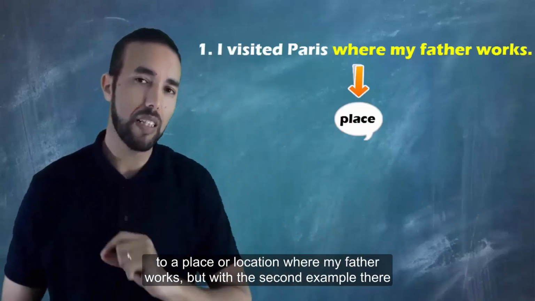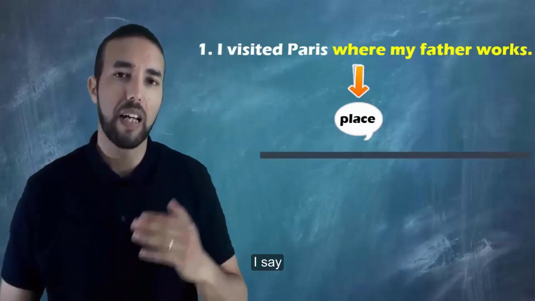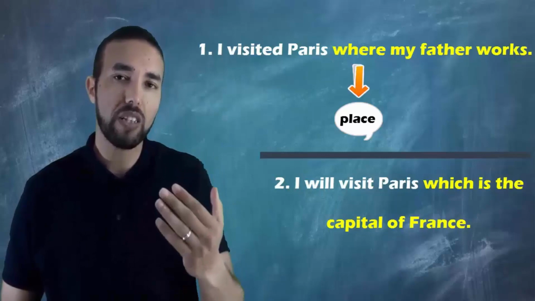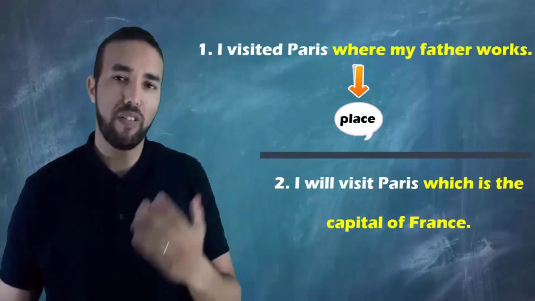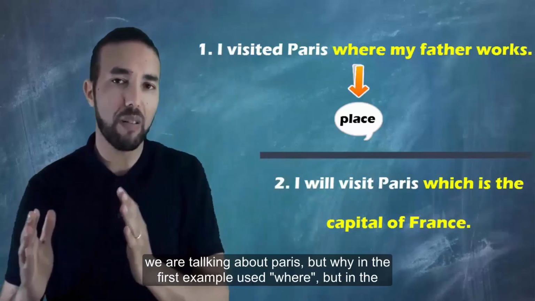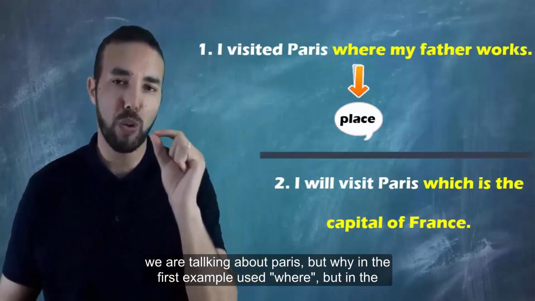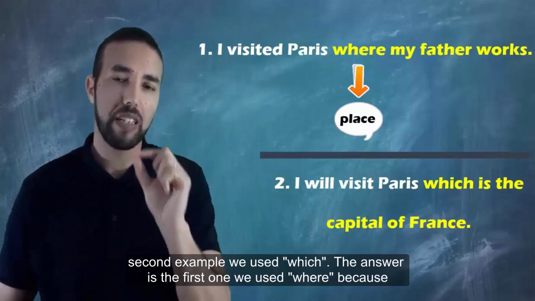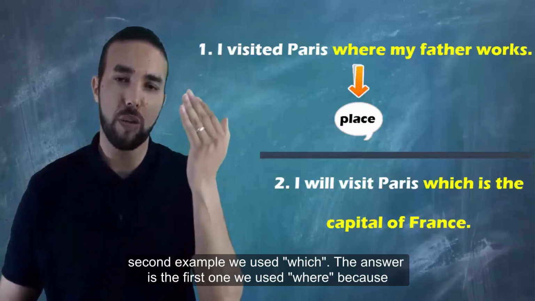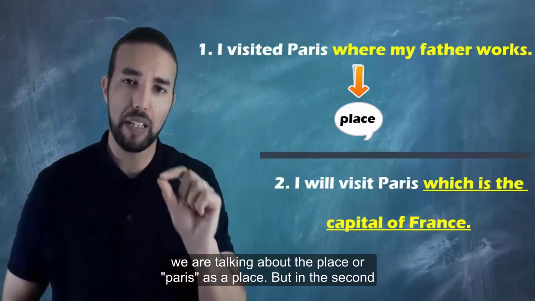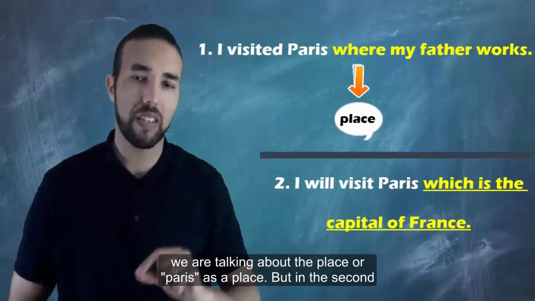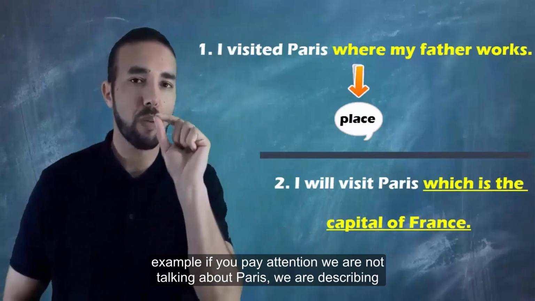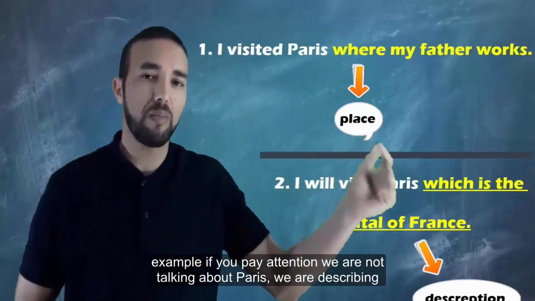But with the second example, I say I will visit Paris, which is the capital of France. We are talking about Paris, but why in the first example we used where, but in the second example we used which? The first one we used where because we are talking about Paris as a place, but in the second example, if you pay attention, we are not talking about Paris as a place, we are describing Paris.